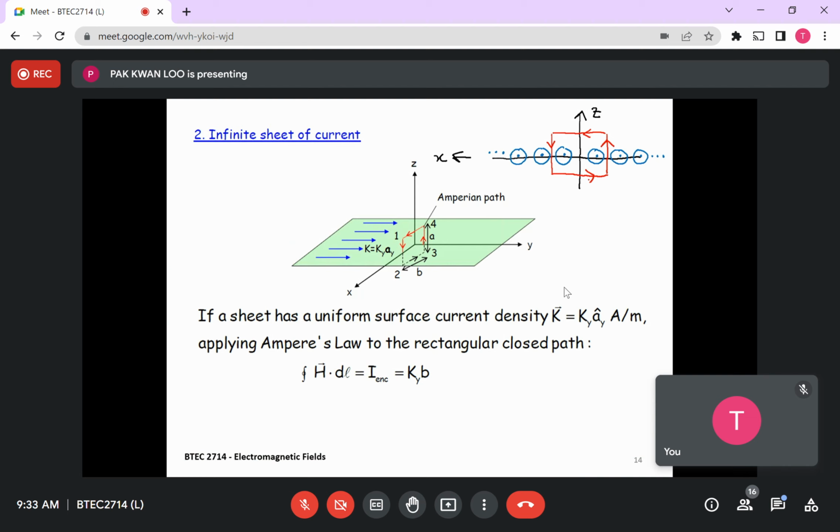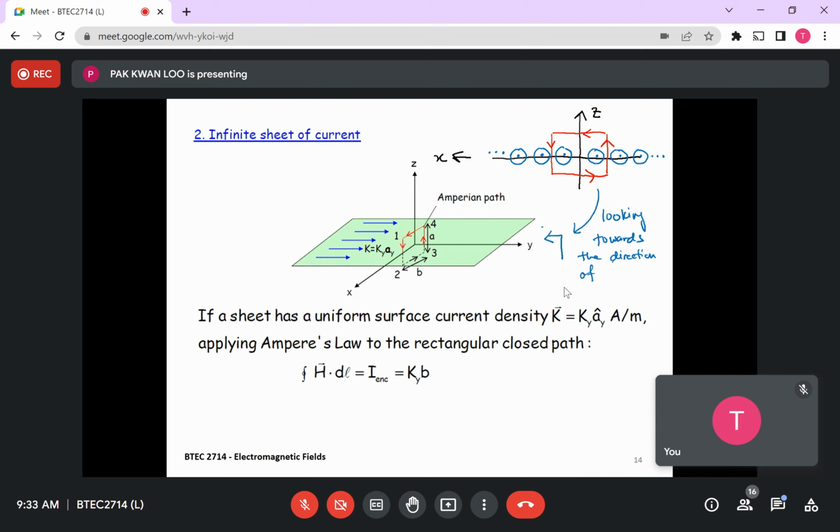Okay, so I will put a remark here again. View, looking towards the direction of current.